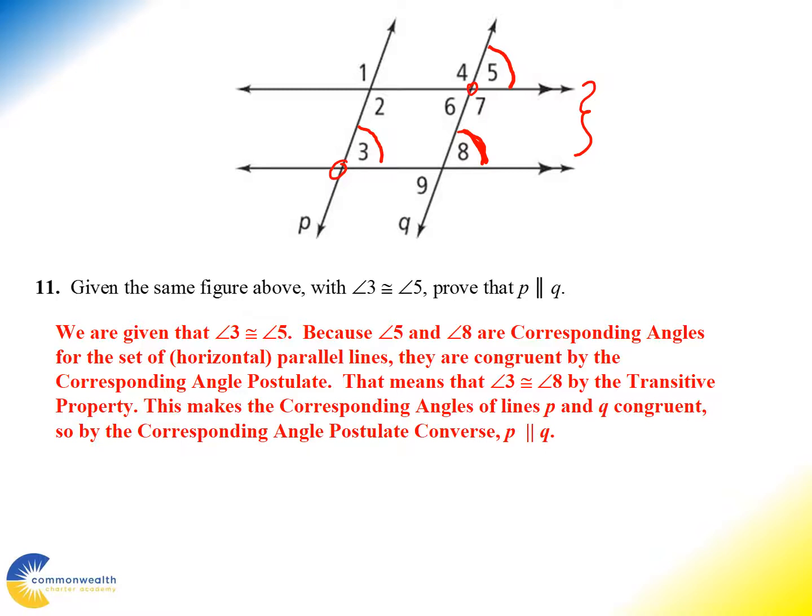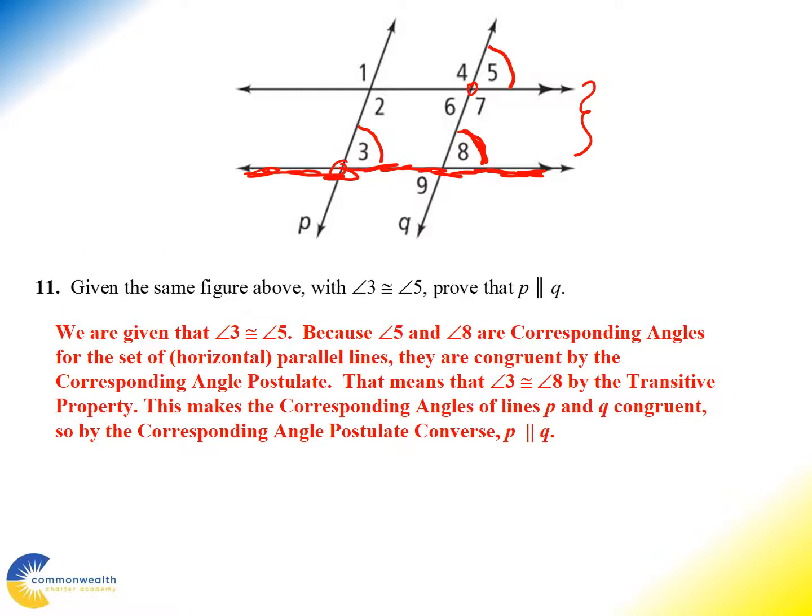Angles 3 and 8 are corresponding angles when I have this bottom line as a transversal that's intersecting P and Q. So at that point, those two angles do share a transversal.